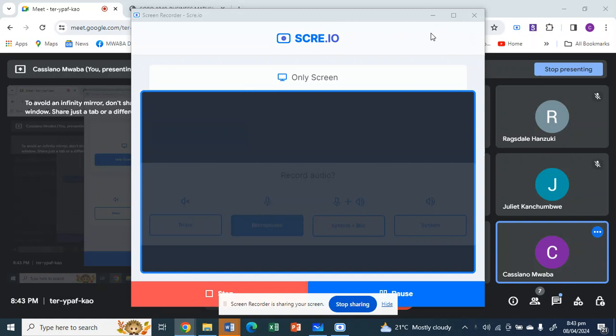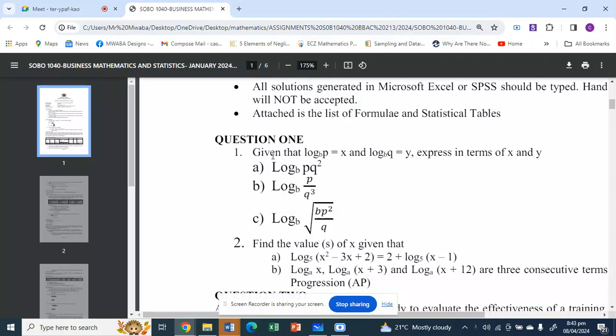All right, we have a question here dealing with logarithms. Given that log_b p equals x and log_b q equals y, express in terms of x and y log_b of p q squared.